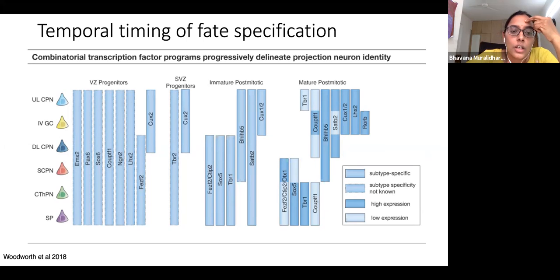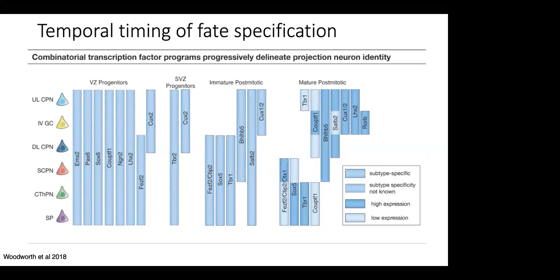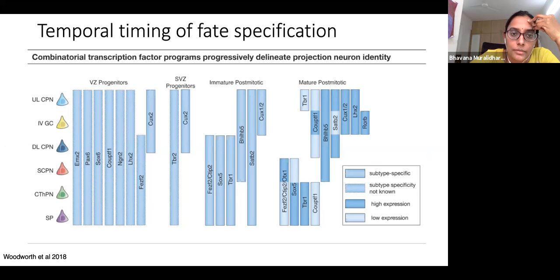No. So over time, there is a change, and I'll come to that with the single cell RNA-seq data. Whatever I've shown you till now is all from bulk RNA-seq or bulk genetic studies, knockout studies. So they have gradients, like PAX6 and LHX2 have an opposing gradient. LHX2 is medially high, laterally low.